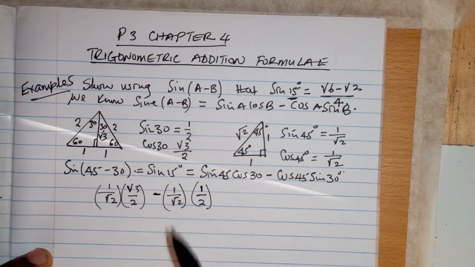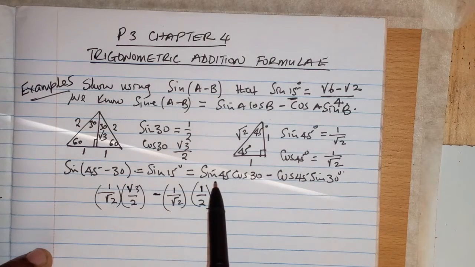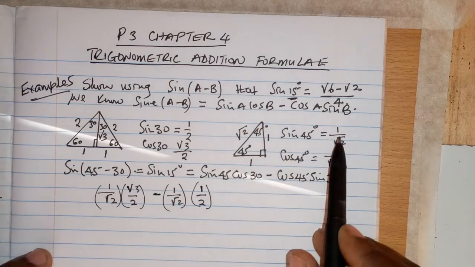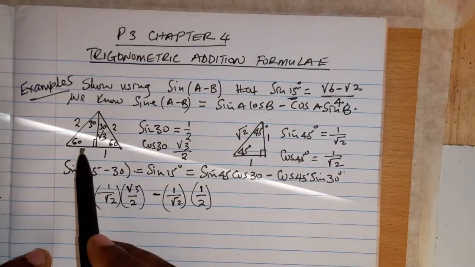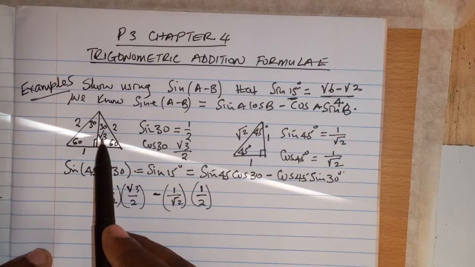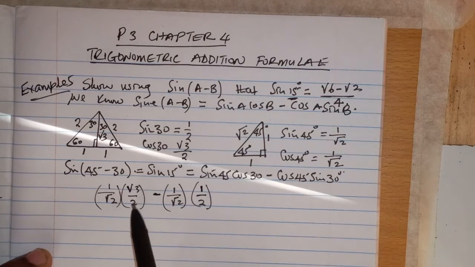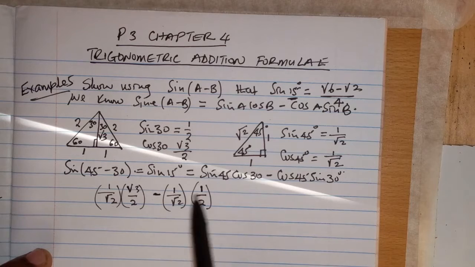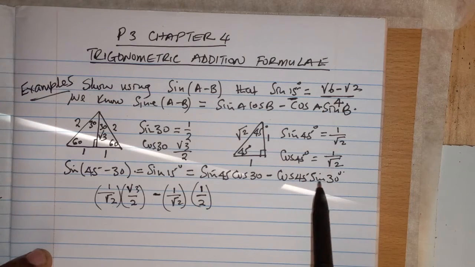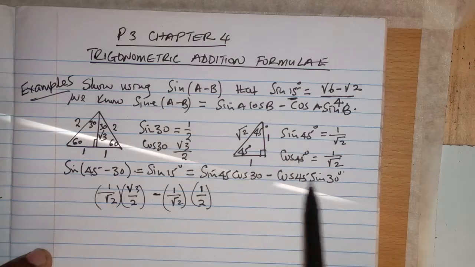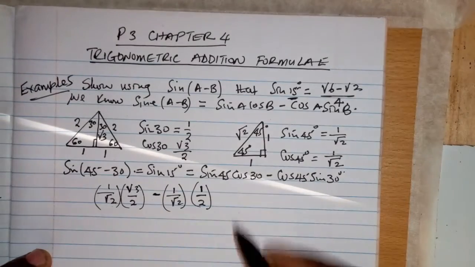Let's repeat that. The sine of 45 is 1 over root 2 times the cosine of 30, which is adjacent over hypotenuse, root 3 over 2, minus the cosine of 45, which is 1 over root 2, times the sine of 30, which is a half.